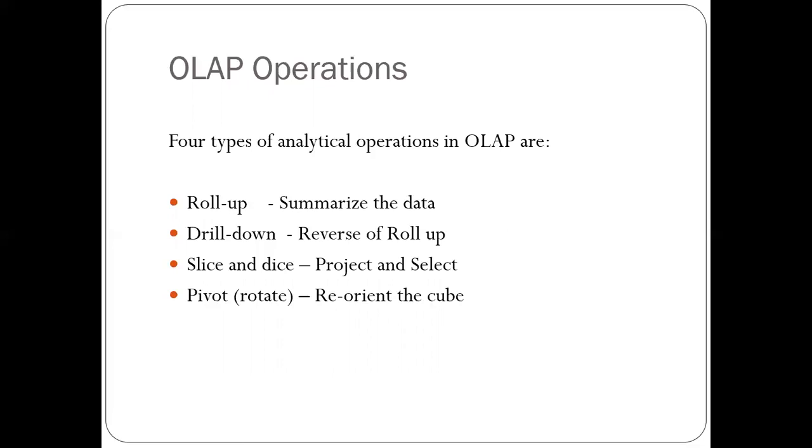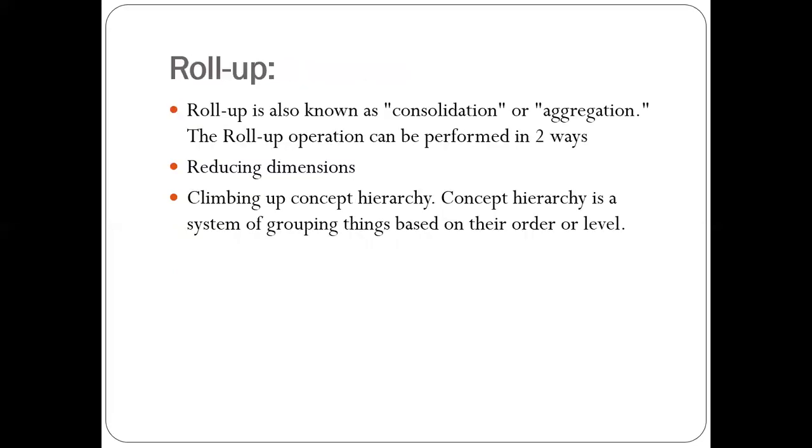That's roll up. Drill down means you have the Q1 data, and for Q1 I want to go month-wise. So you are drilling down. Q into month, month into week, week into day. That's called drill down. Okay. Slice and dice: instead of having all the dimensional data, we are taking one slice and dice from that. And pivot operation is converting rows into columns.